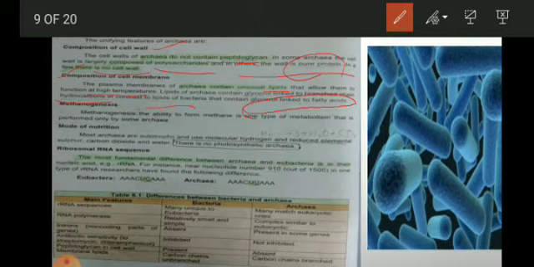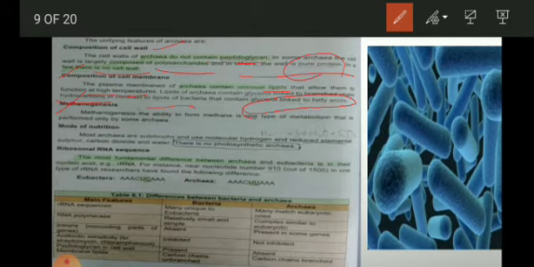Here in archaea the cell membrane is formed by glycerol and branched chains of hydrocarbons. That distinguishes archaea from bacteria, and it helps archaea live under extreme conditions.